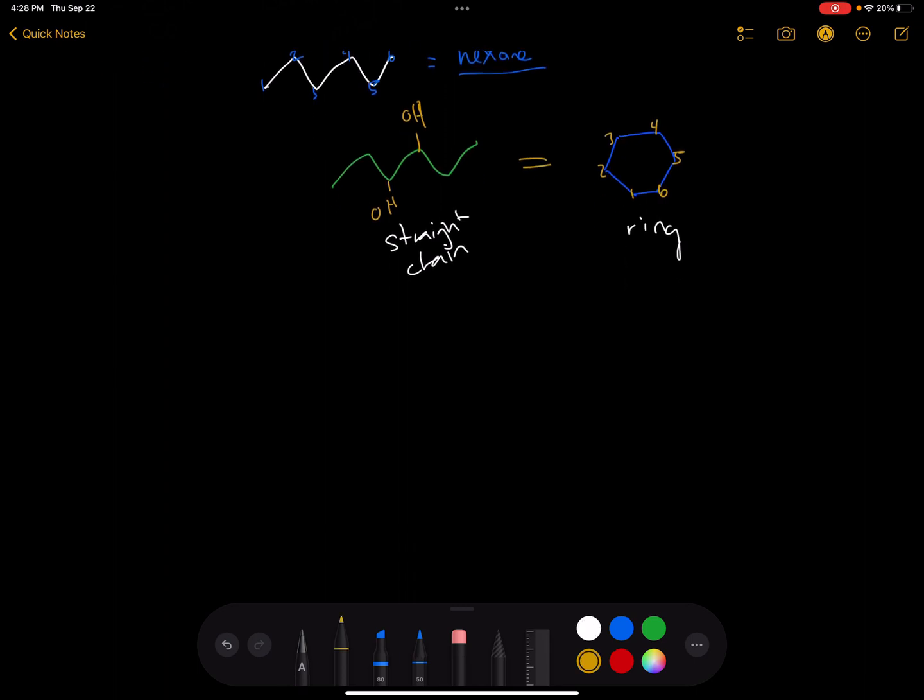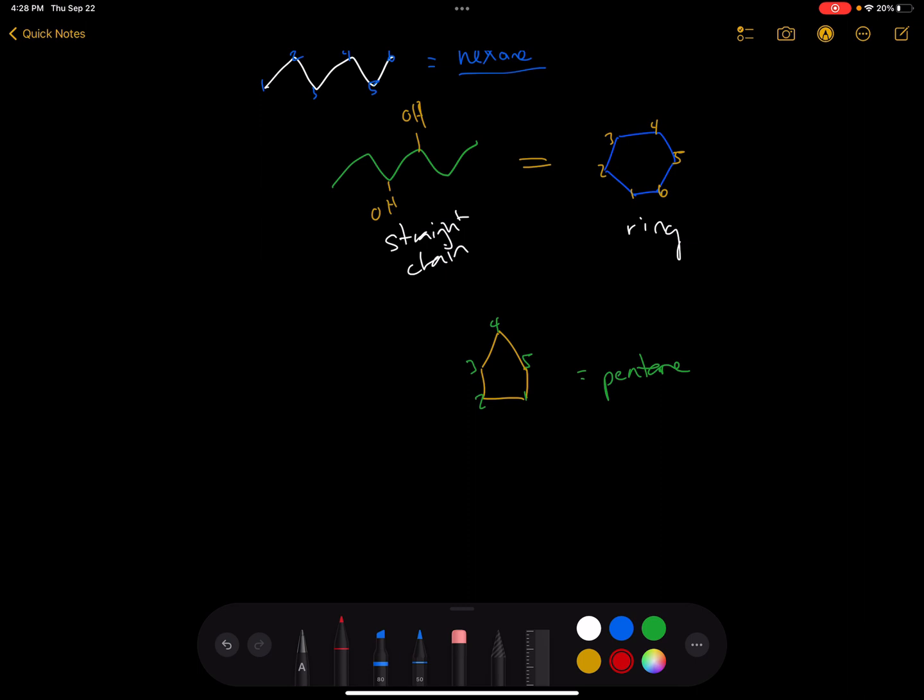So let's try one more. Let's see if we can figure it out. How about this? It's not a house. That's an actual molecule. So how many carbons am I looking at? I have 1, 2, 3, 4, 5. So this can be a pentane molecule.